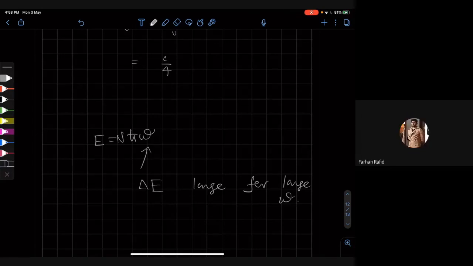Sir, the particle in a box, is the box physical, or can it be imaginary as well? Well, the box can be anything. The box is just one way of making sure that the particle doesn't get out. It can be a potential.